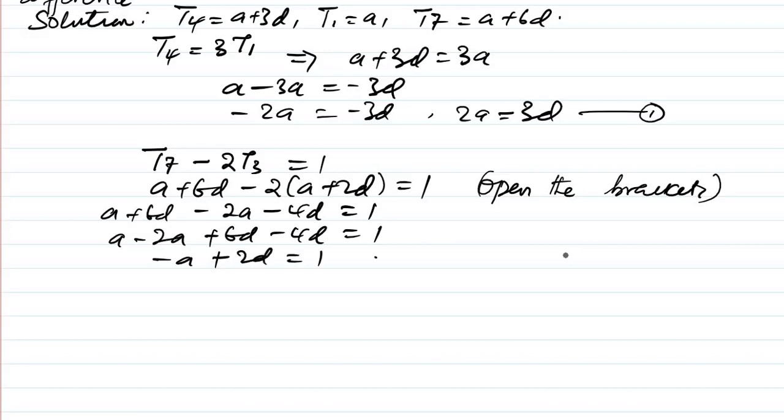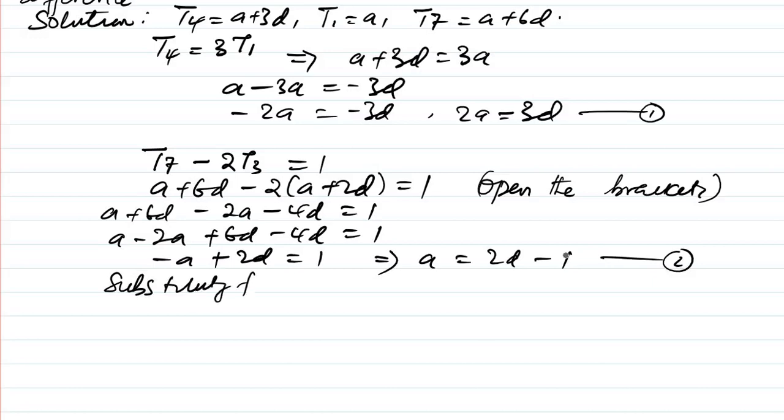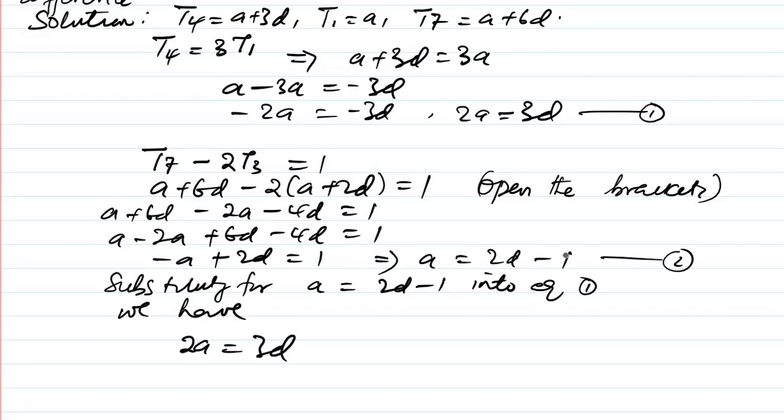So this implies that A will be equal to 2D minus 1. That's equation 2. Then substituting for A equals 2D minus 1 into equation 1, we have that equation 1 says 2A is equal to 3D.